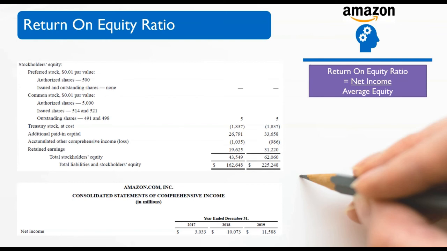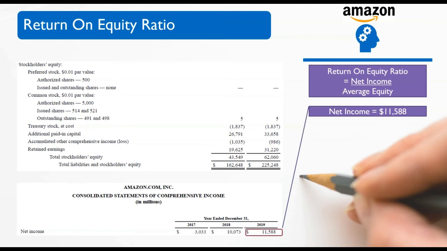One item to highlight is that this ratio is largely dependent on the industry and sectors that a company operates in. For example, an investor may consider a return on equity ratio above 15% to be acceptable, whereas a ratio less than X% would be considered a poor return on equity return. So how is this ratio calculated? The return on equity ratio is calculated by taking the company's net income for the year and dividing that by the average total equity for the company.